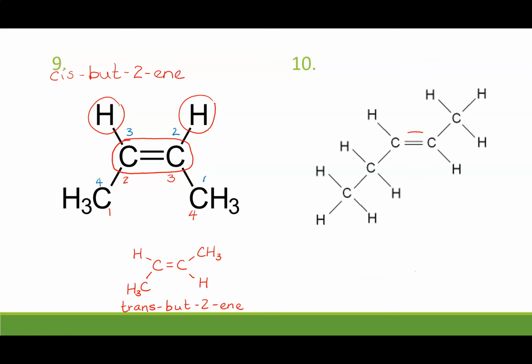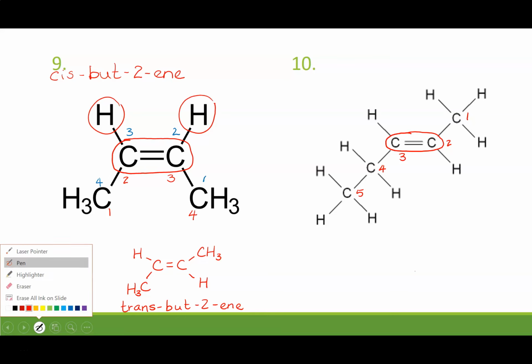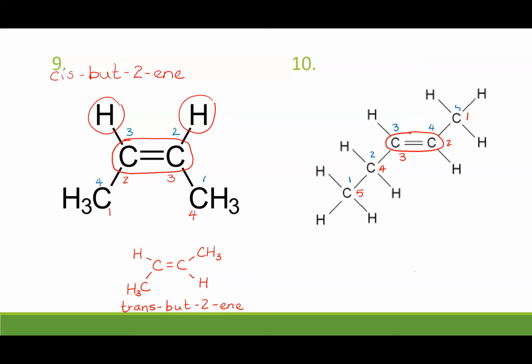Moving on to number 10, we can see that we have another alkene. There's the alkenyl group. If we number the carbons from the right to the left, then the alkenyl group will get the lowest number. I can number the carbons from the left to the right, like I'm doing here in blue, and we'll see that that alkenyl group will get a higher number that way.